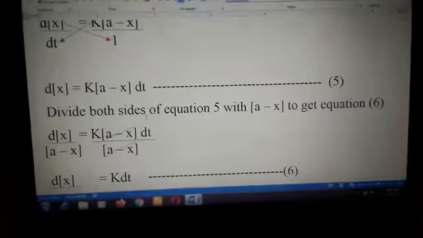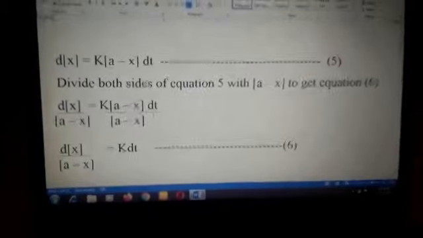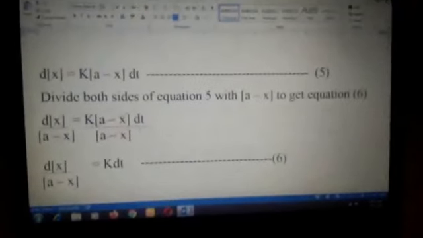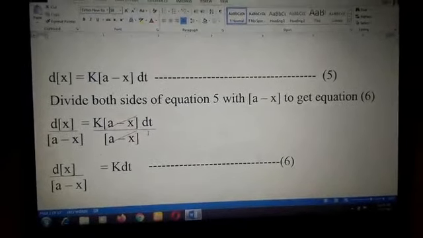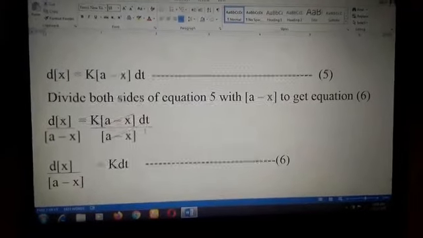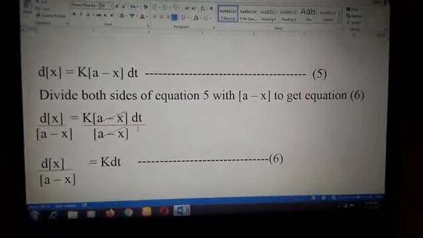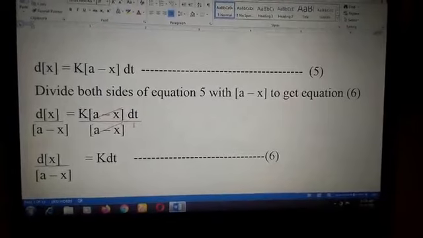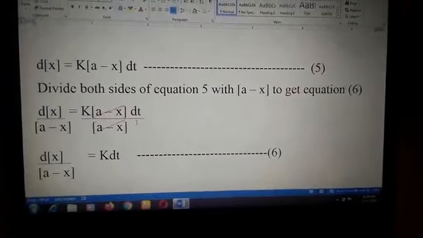So look at equation 5, divide both sides of equation 5 by the square bracket a minus s. When we do that, we now have ds all over a minus s on the left, and on the right, k multiplied by (a minus s) multiplied by dt, all over the same a minus s.